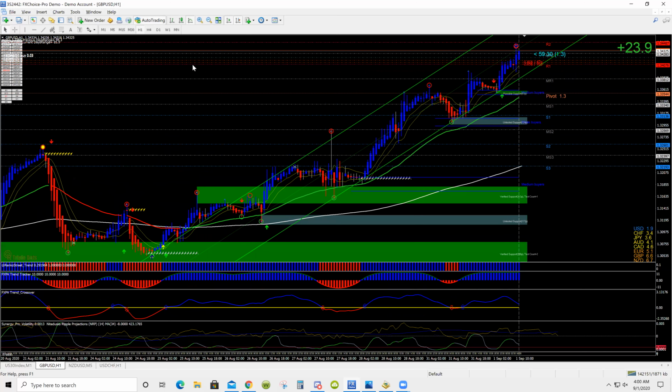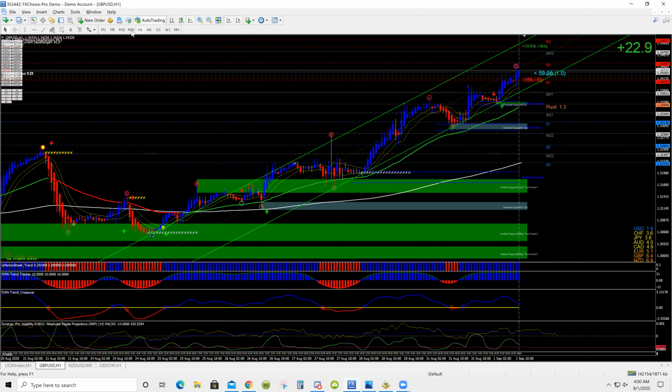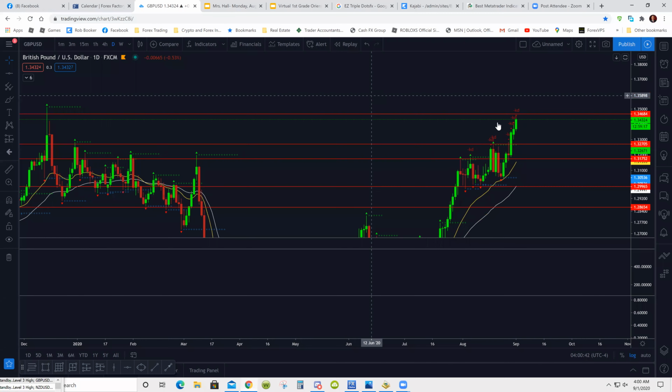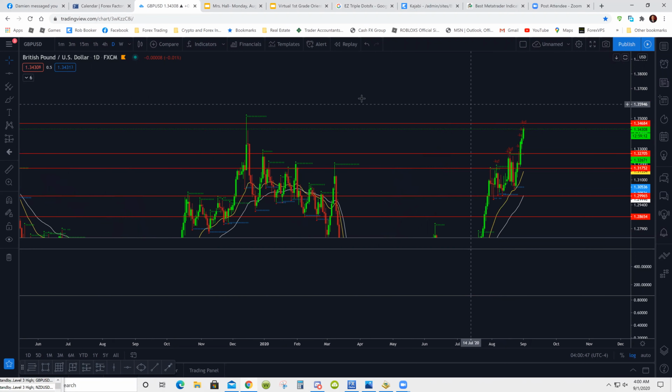Yep, so I'm still holding true. I'm just adjusting my take profits here. GBP/USD is going to hit this target right here at 1.3468. And what's my next target after that?